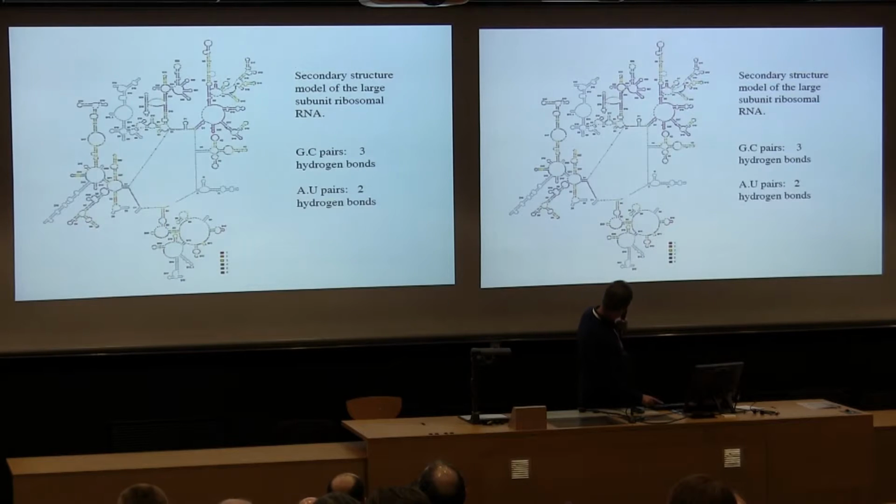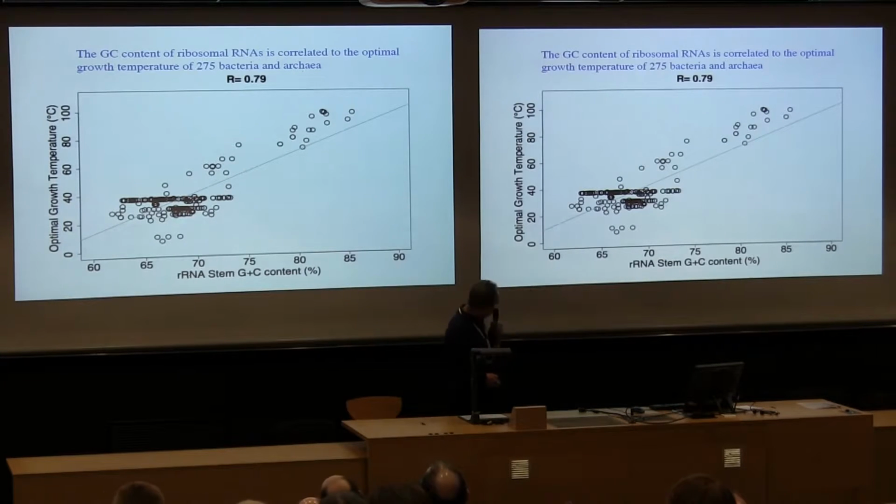This very simple fact has a very clear consequence, which is that a molecule to resist high temperatures needs to enrich its ribosomal RNA, needs to enrich its base pairs in G and C to have more hydrogen bonds and so to resist thermal movement.